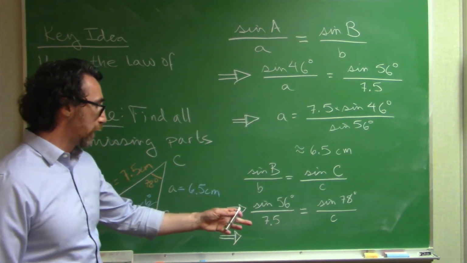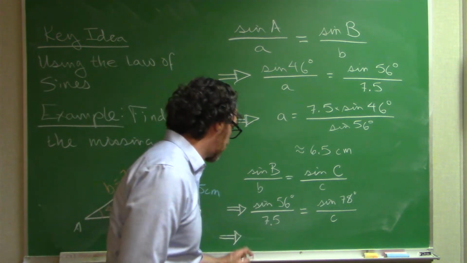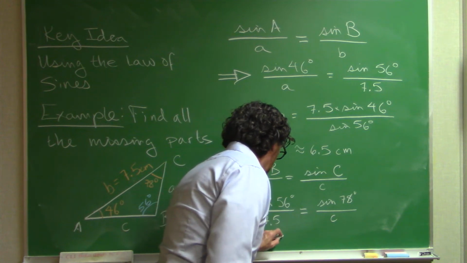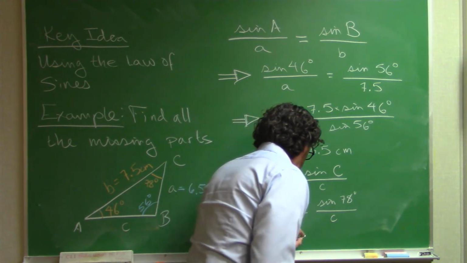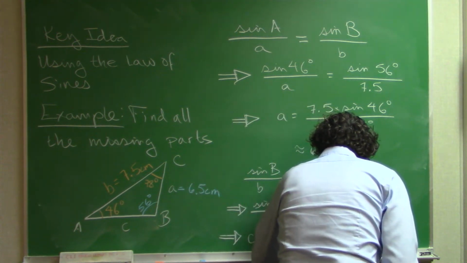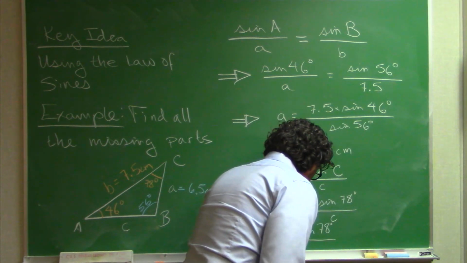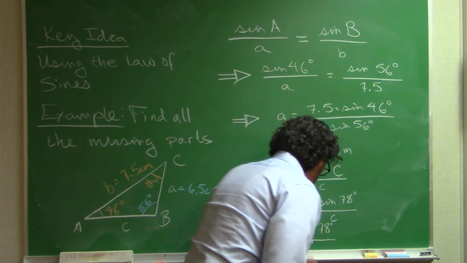All right, once again, we isolate C and get that C would be 7.5 times sine 78 degrees over sine 56 degrees.